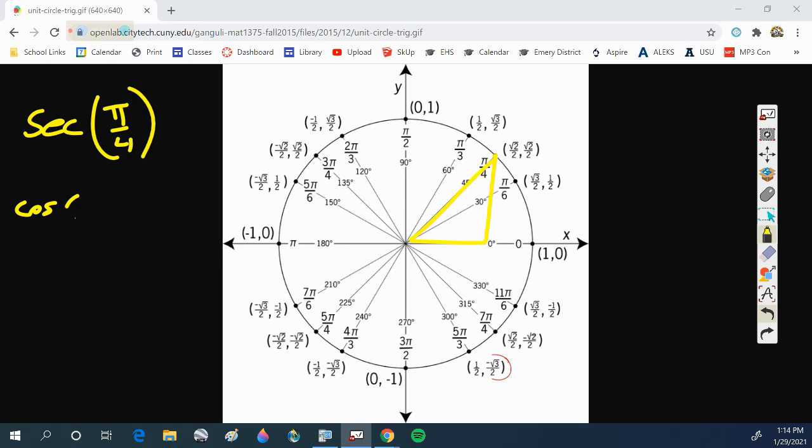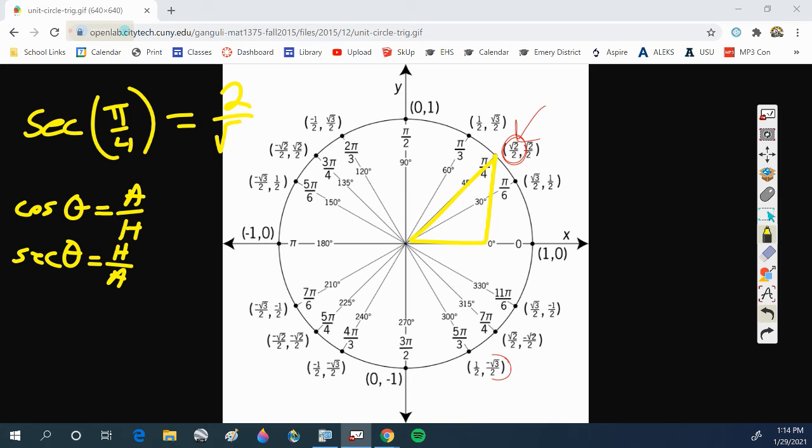So the cosine of theta is A over H. The secant of theta is H over A. So in this case, we're looking at that number. Instead of doing A over H, I'm going to flip it upside down and put H over A. So this answer is going to be the upside down version of that.